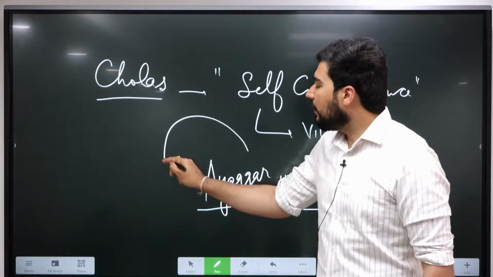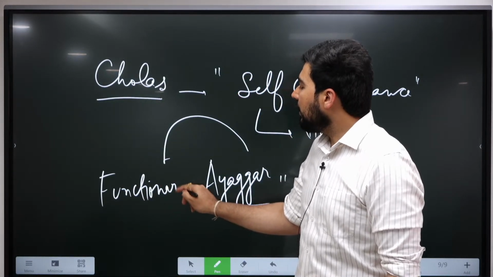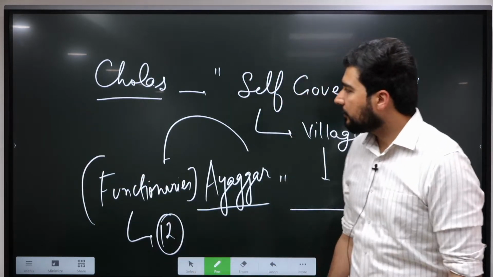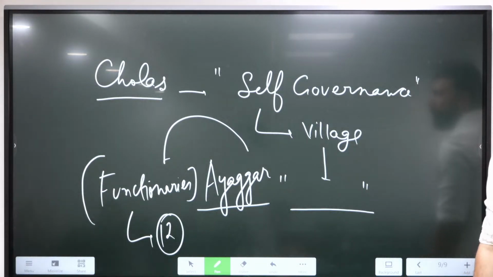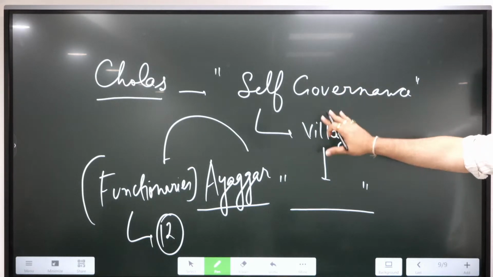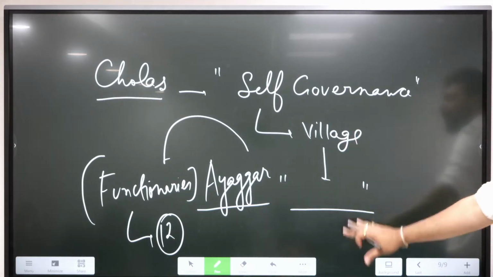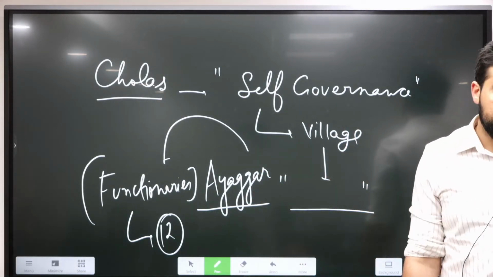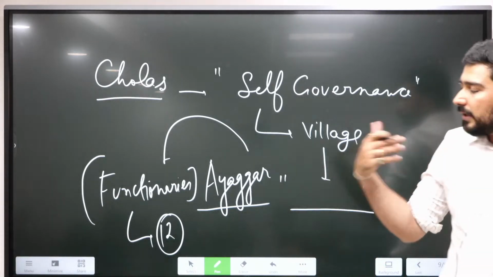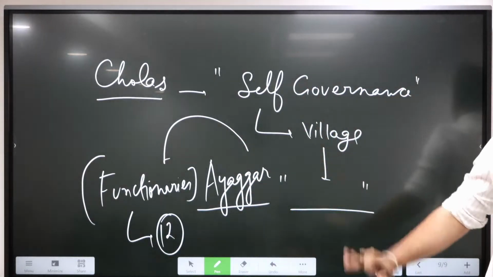Under this, certain village functionaries were given hereditary power. Mostly they were 12 in number. So local governance changed from the time of the Cholas, where the election used to be held, or it was more of a lot system, which we will discuss later on in detail. But it changed to the Ayagar system, where the election etc. was now scrapped, and these people were to take care of the basic functions at the village level. The Ayagar system में change हो गया.